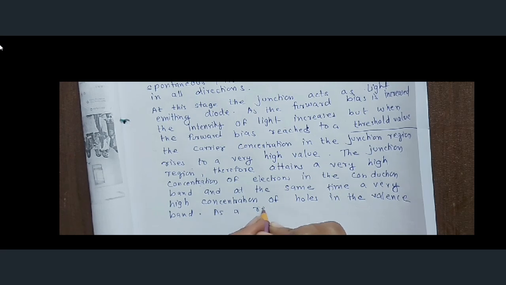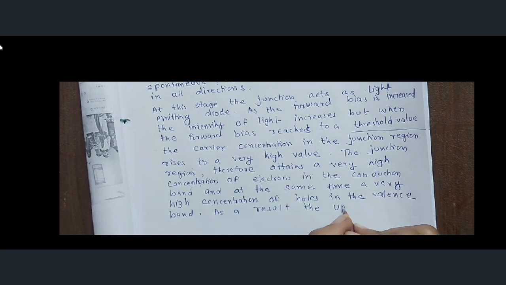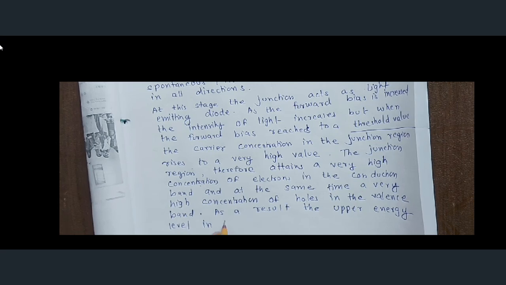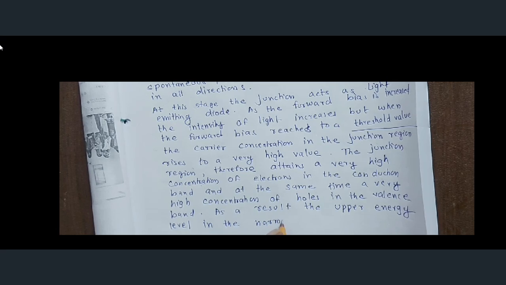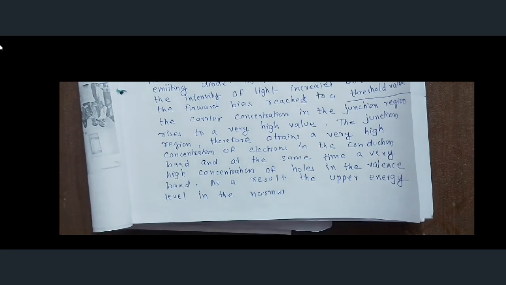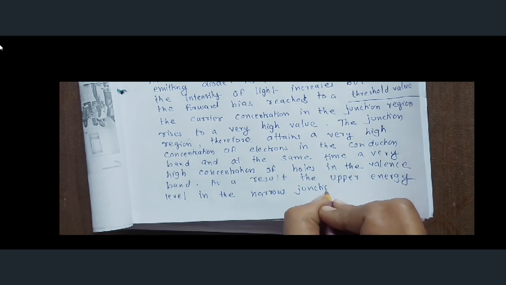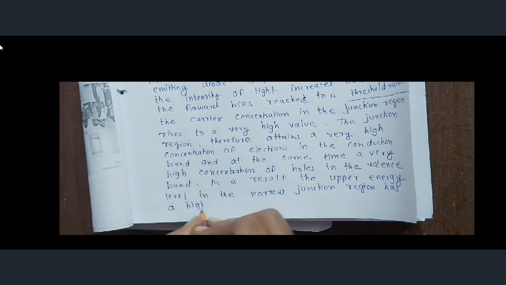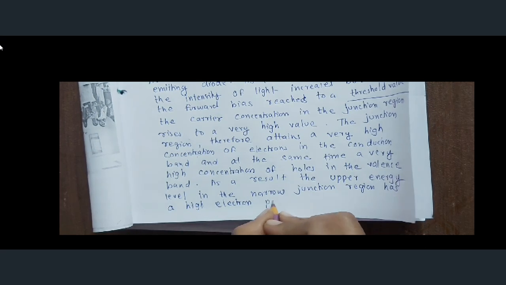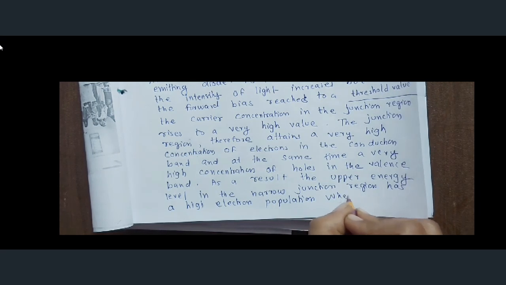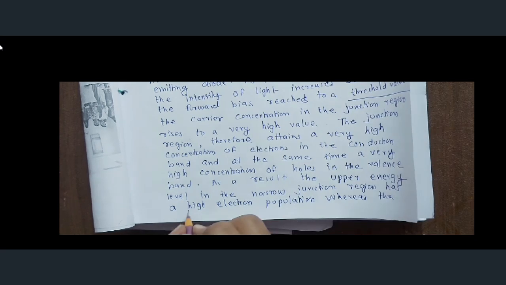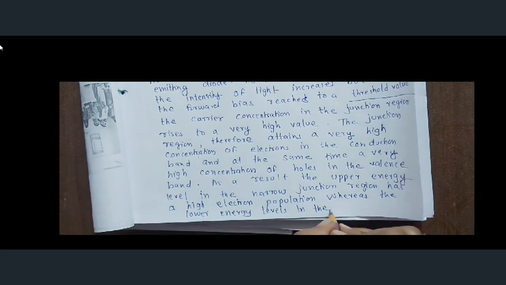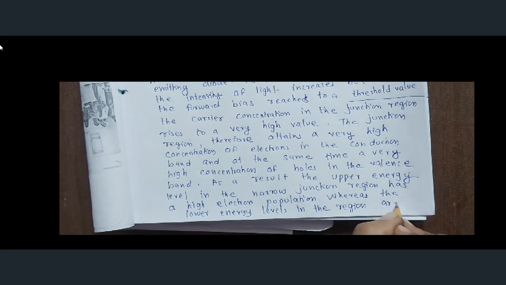As a result, the upper energy level in the narrow junction region has a high electron population, whereas the lower energy levels in the region are vacant.